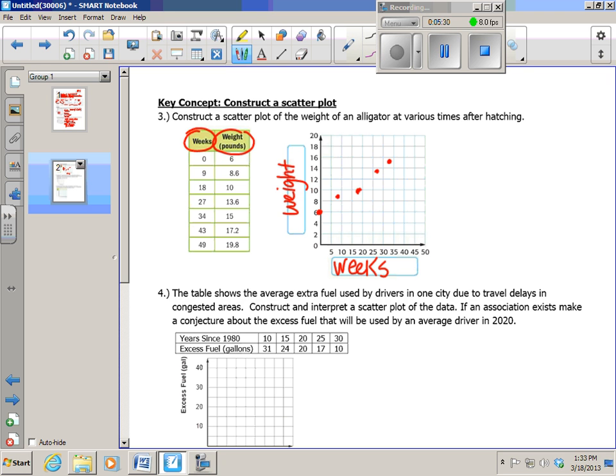And 15, 43 and 17.2, and 49 and 19.8. And so you can see that it looks linear. It's in the shape of a straight line. But all they asked us to do for this one was construct it. So there's your scatter plot for number 3.